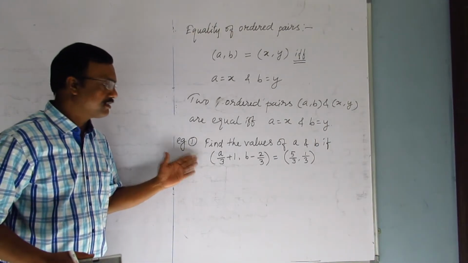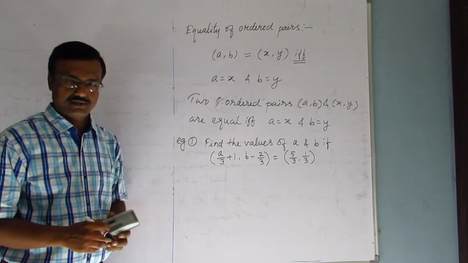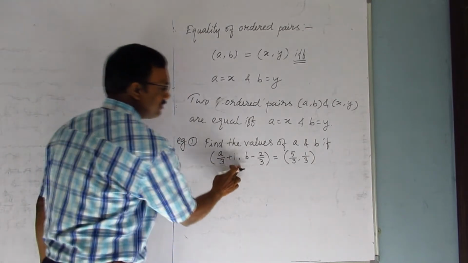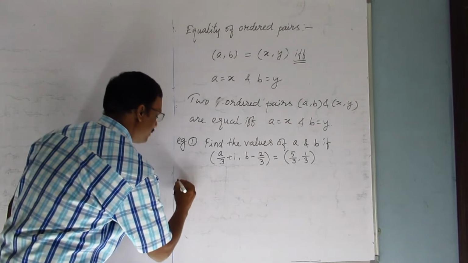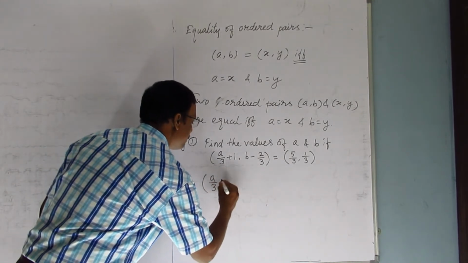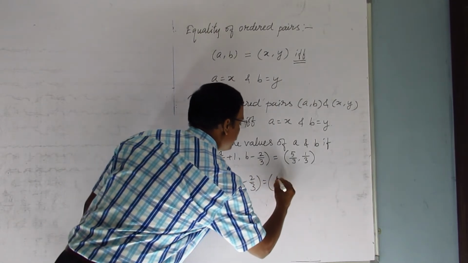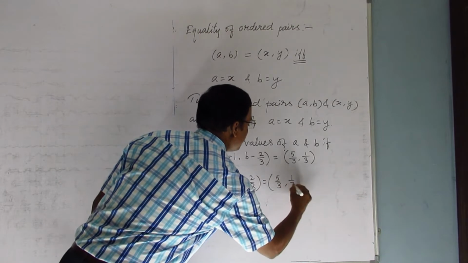Now see this example based on equality of 2 ordered pairs. It is given that these 2 ordered pairs are equal, so we can begin with the same relation: (a/3 + 1, b - 2/3) = (5/3, 1/3).